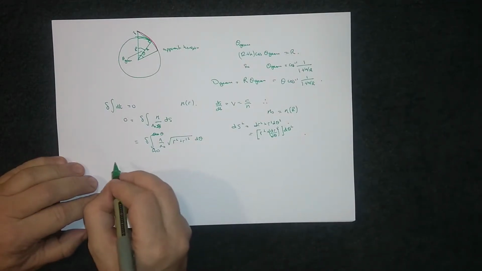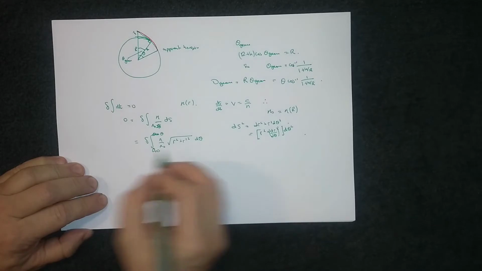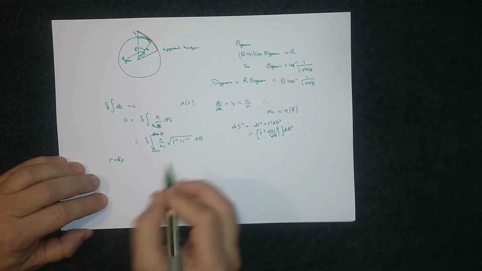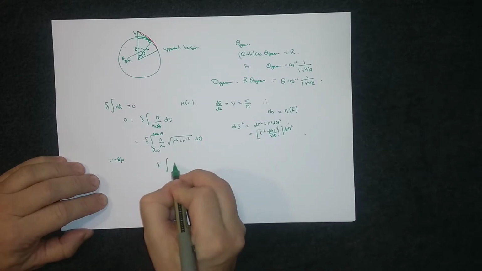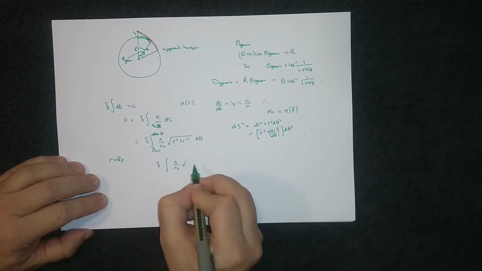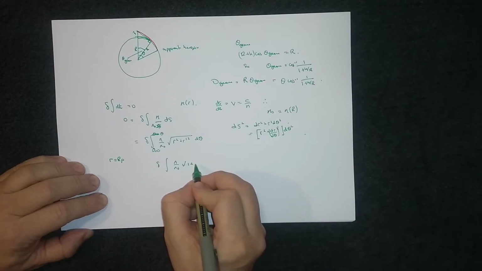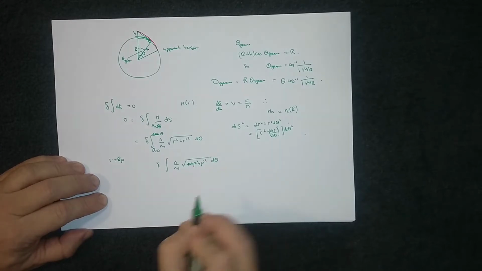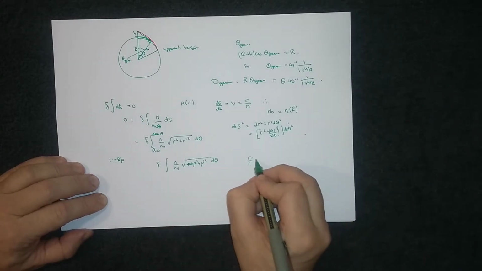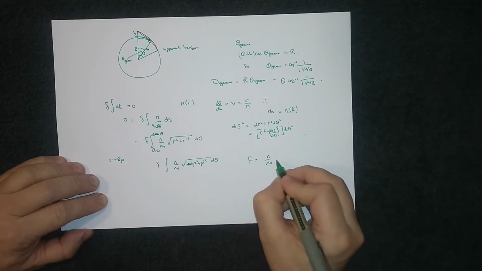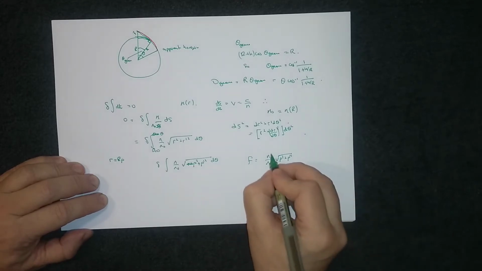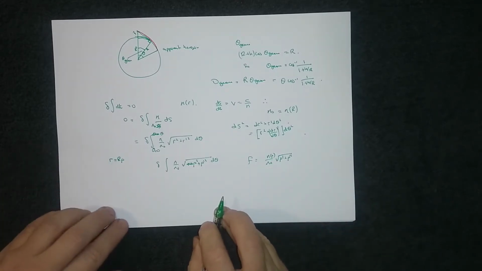Now let us rescale things. Let's write r as capital R times rho. So that's delta the integral of n over n naught root rho squared plus rho prime squared d theta. Let f be n over n naught root rho squared plus rho prime squared, and n here is a function of rho.